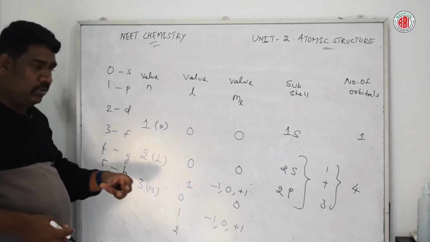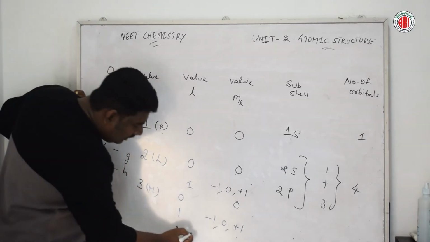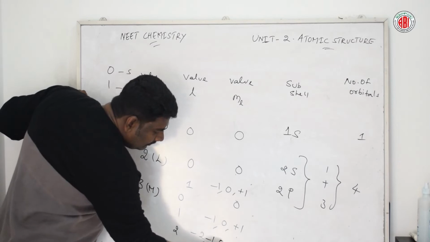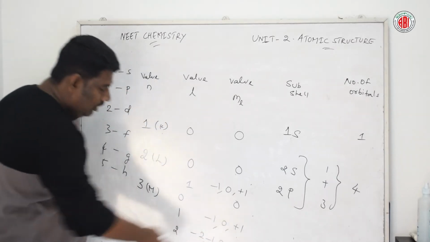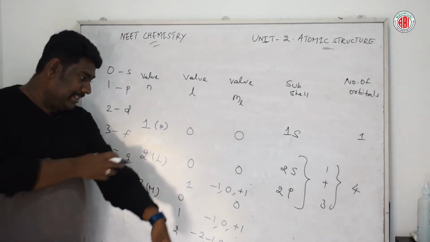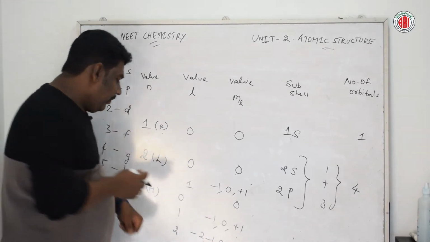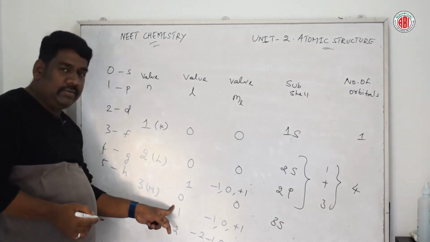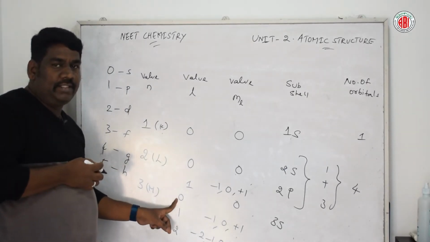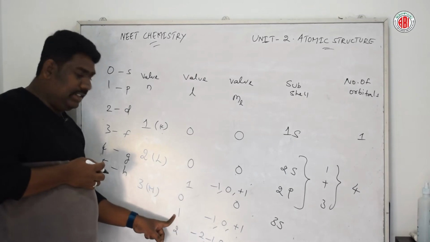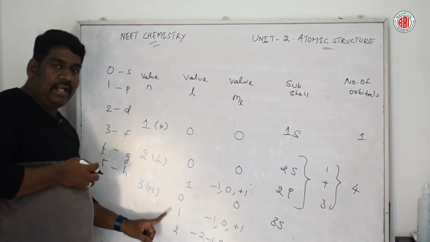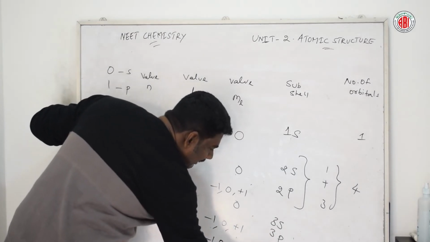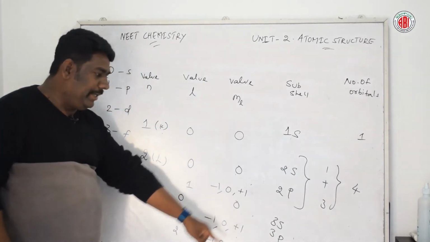The d orbital always shows 5 suborbitals, that means -2, -1, 0, +1 and +2, so a total of 5 orbitals are present. Here we write 3s for 0, this stands for p and this stands for d. So this is 3p and this is 3d: 3s, 3p and 3d.